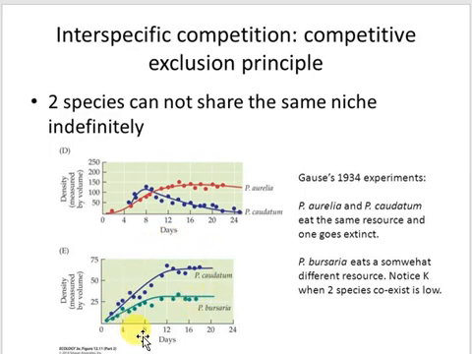So that's why this is an interesting case of realized versus fundamental niches, because their realized niches, exhibited by their carrying capacities here, are much lower than if they were occupying a culture by themselves. Because they're sharing in order to coexist, their population sizes are much smaller within a shared culture.